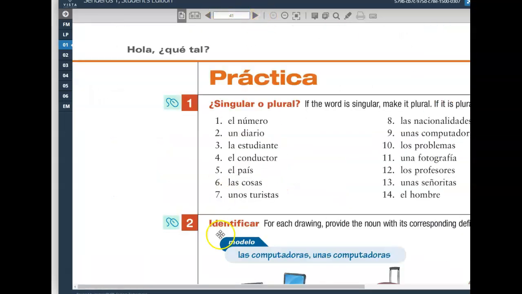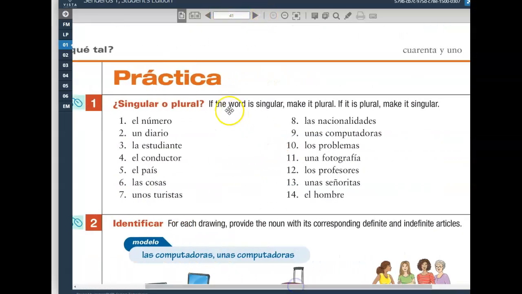So armed with all that information, how would we make these nouns singular to plural or plural to singular? Let's do the first three together. El número is masculine, singular. To make it masculine plural, we would add an S since it ends in a vowel.